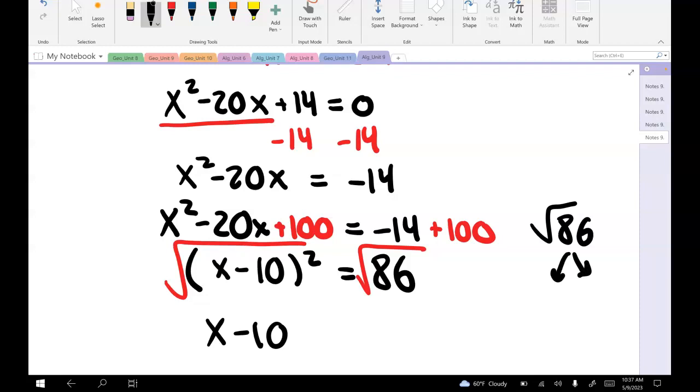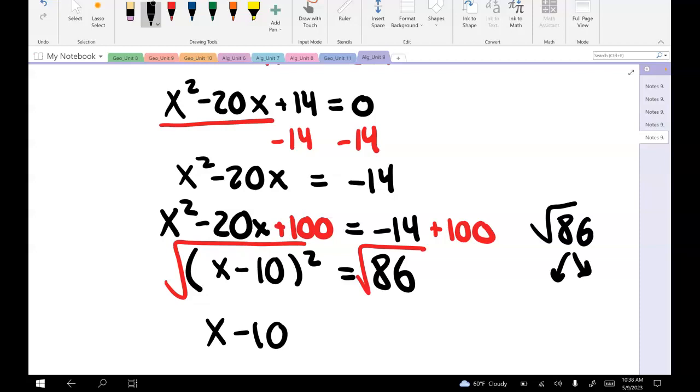You'd have to see what's the largest perfect square that goes into 86. If it's an even number, I always try my even numbers first as a check. In this case, we actually cannot. There's no perfect square that goes into 86.